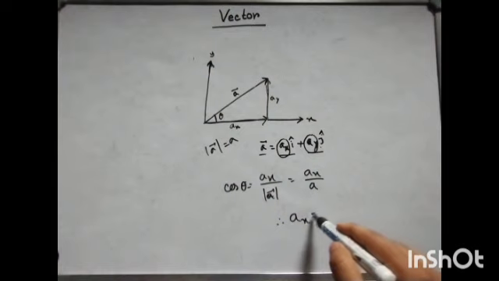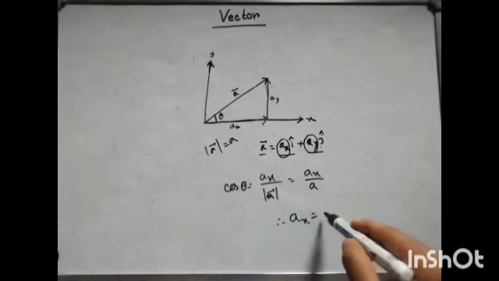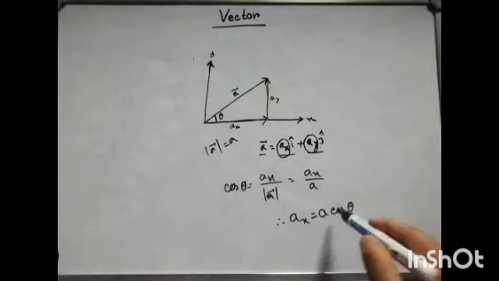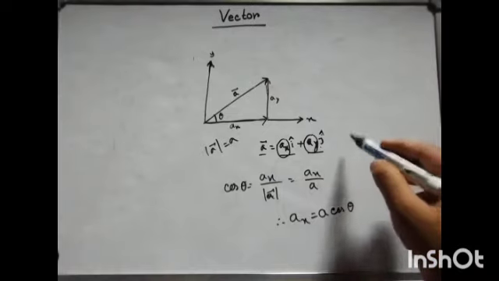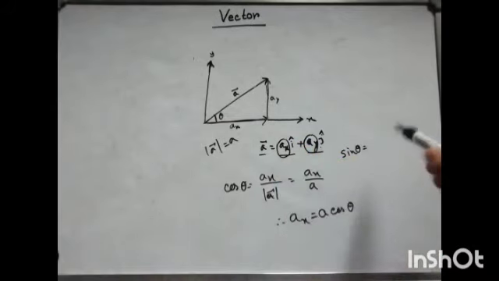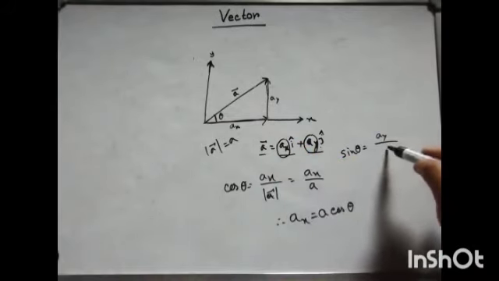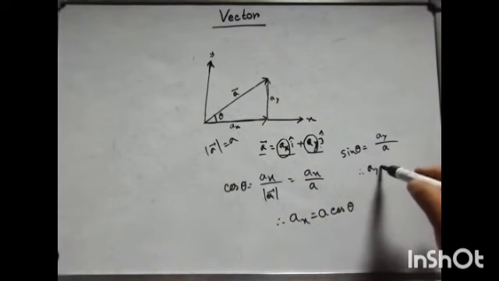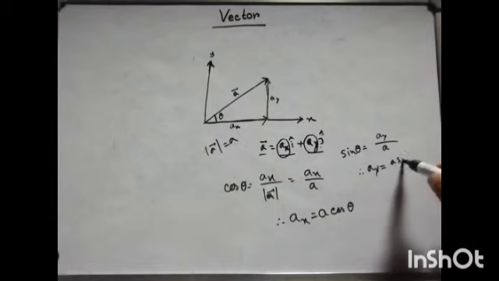Therefore ax will be a cos theta. Similarly, sin theta will be equal to height by hypotenuse, so that will be ay by a. That means ay will be equal to a sin theta.